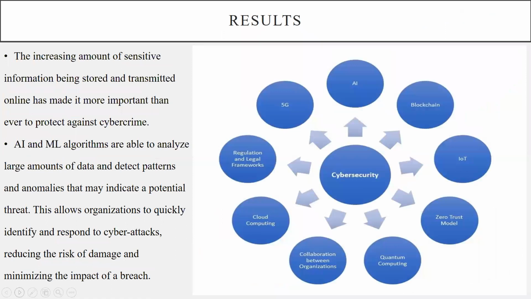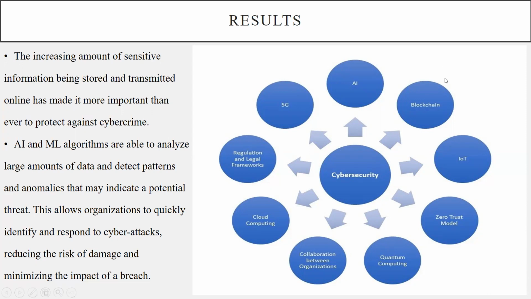So coming to the results, the increasing amount of sensitive information being stored and transmitted online has made it more important than ever to protect against cybercrime. By using these cybersecurity technologies, we can avoid malware attacks in a wide manner.